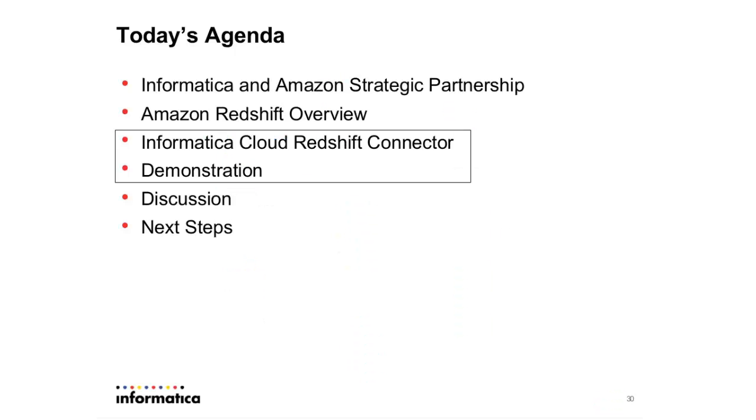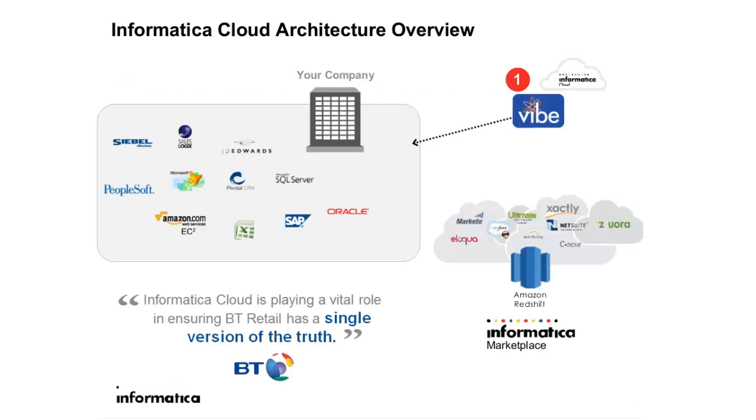So before we answer some of those questions, we want to now switch gears and really dive into Informatica's role in a Redshift implementation. So I want to spend a minute just to walk you through. Many of you on today's call are familiar with PowerCenter. You're familiar with the Informatica core technology.